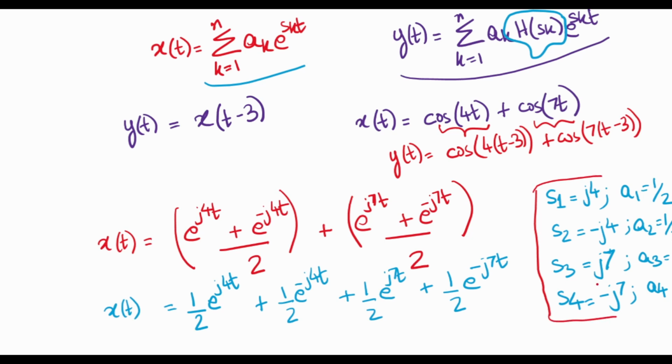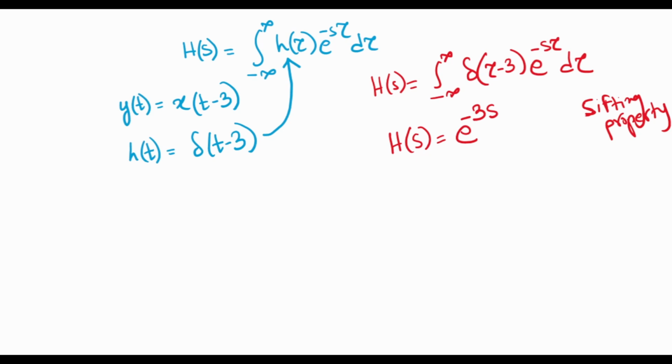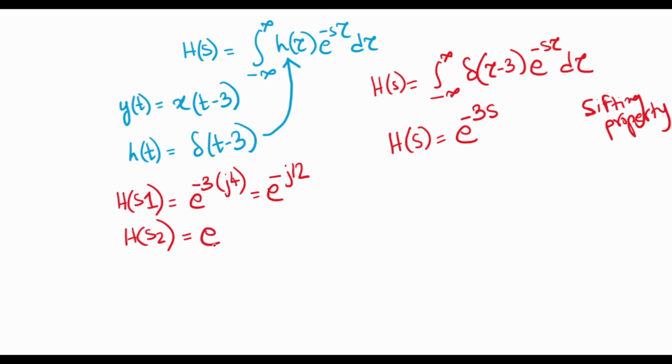Once I have H of s, I have to find the eigenvalues associated with all these frequencies, H of s1 to H of s4. So let's find these. H of s1 will simply be e to the power minus 3 times j4. We have e to the power minus j12 as the first eigenvalue, and the second eigenvalue will be e to the power minus 3 times minus j4, which will be equal to e to the power j12.